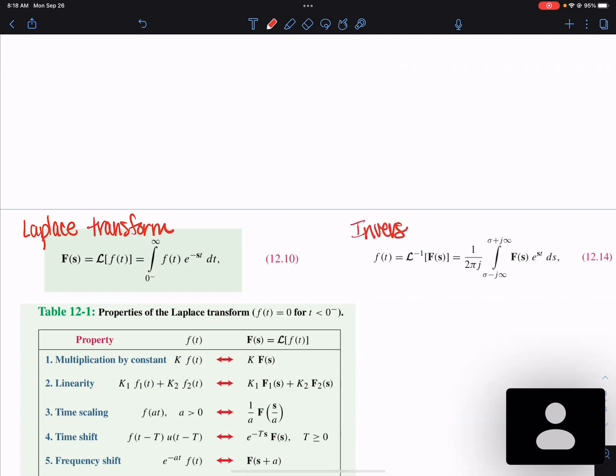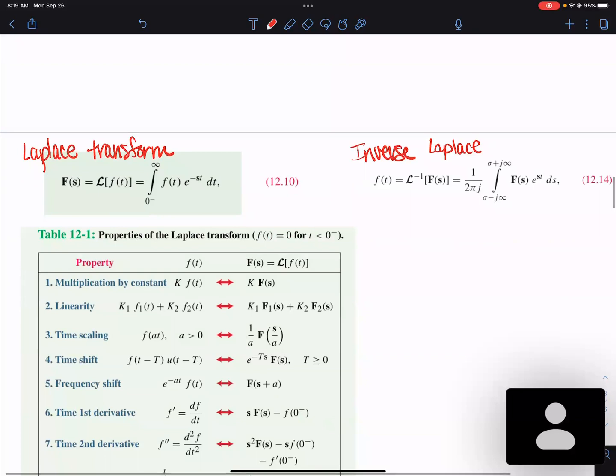We then have the inverse Laplace transform. That's going to be the capital F of S, and the L to the minus 1 denotes that it's the inverse of that. And so that gets us back to the time domain.